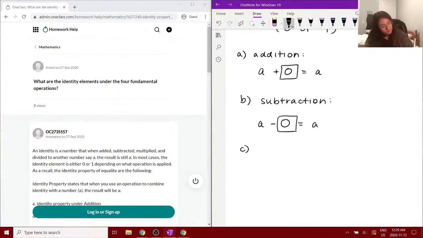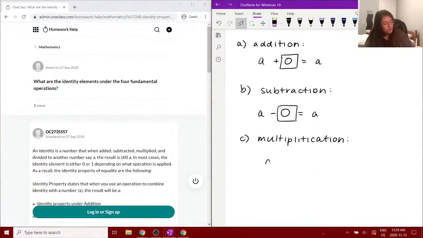And for multiplication, if we have a, and well, if you try multiplying by 0, you know you get 0 back, right? So in this case, the identity element is not 0 anymore. In this case, it's 1.